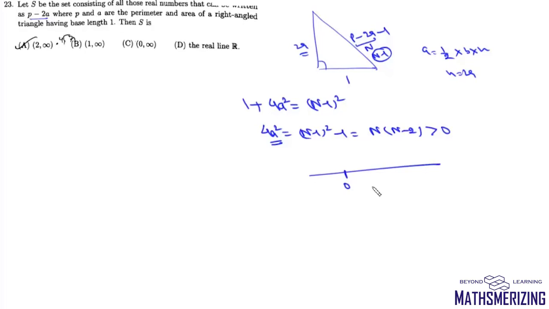From here we'll get this condition, with 0 and 2 the signs will be plus, minus and plus. So the value of n should be either greater than 2 or less than 0. And also this side n minus 1 should be greater than 0, that is, the value of n should be greater than 1. So the range of n is from 2 to infinity, and that's your option number A.